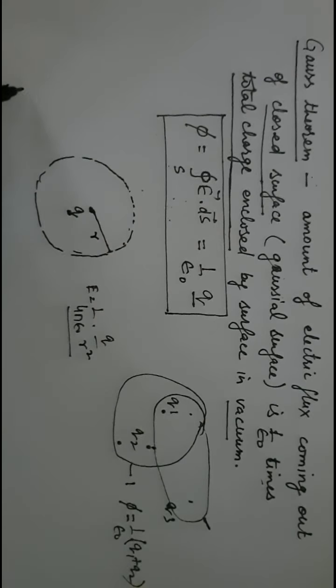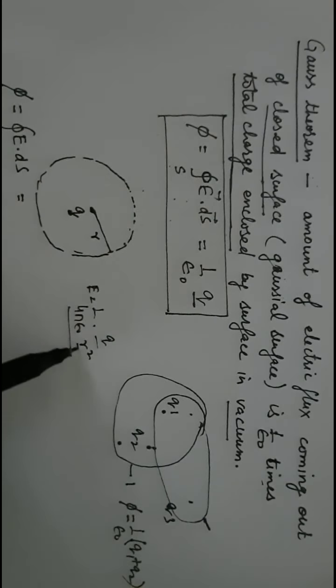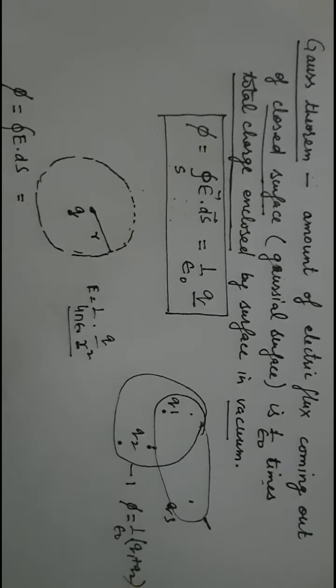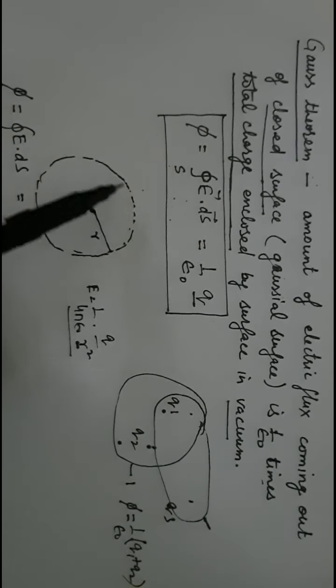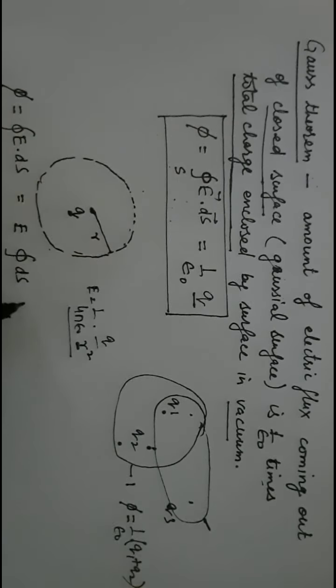According to Gauss theorem, we calculate the flux. The flux is equal to the closed surface integral of E dot ds. Since the electric field depends on the radius, and r on this surface is the same at all points on the sphere, it is uniform, so I can take it outside the integration sign. We are left with the integral of ds, which is the total closed surface area.